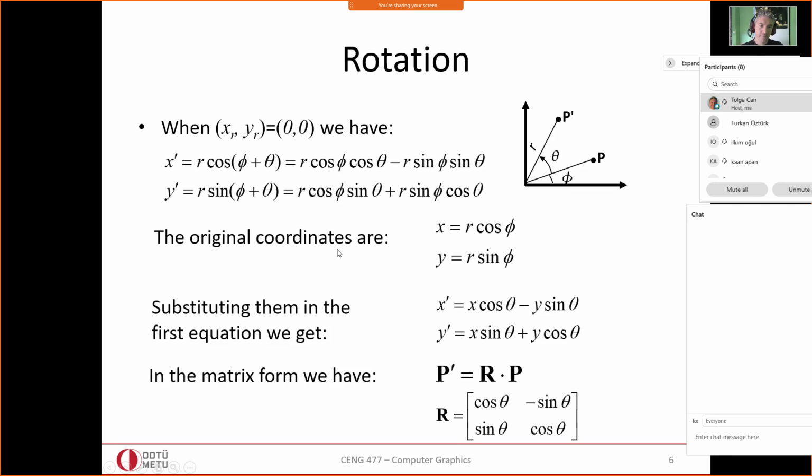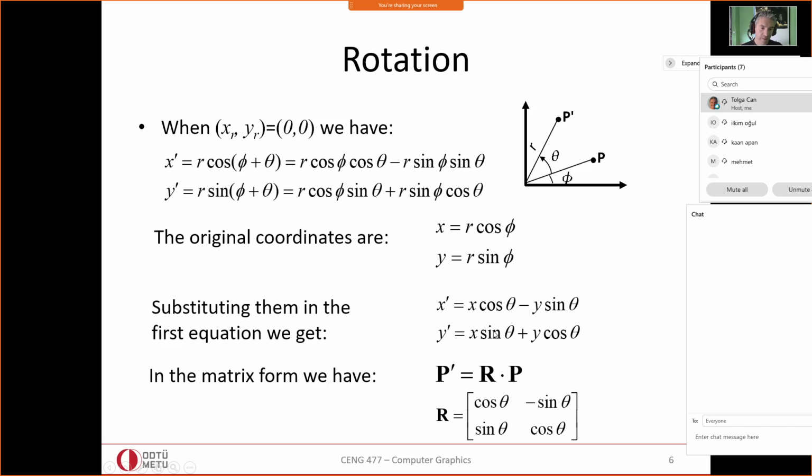All right, and our solution first was to solve this problem, to find the basic rotation by solving this trigonometric problem, geometric problem, in which we solve this part phi, this part theta, so rotation around origin theta degrees.